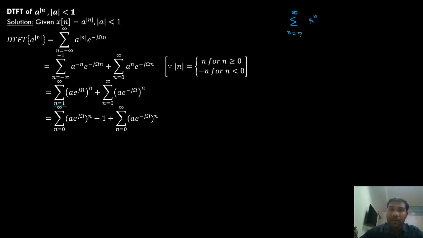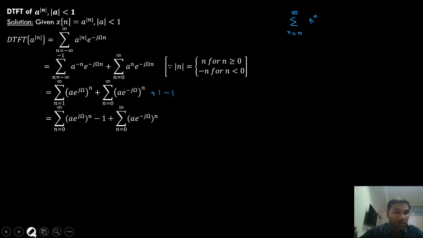Here I have only 1 to infinity, so the term n equals 0 is missing. So I'm going to add that term. When n is equal to 0 in this expression, it is 1. So I will add 1 and subtract 1.